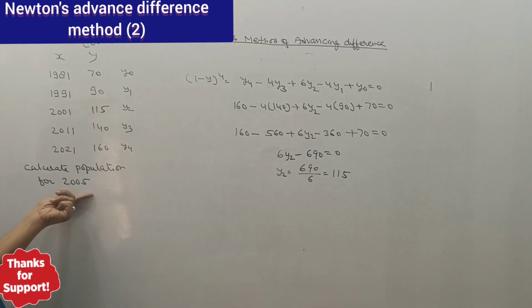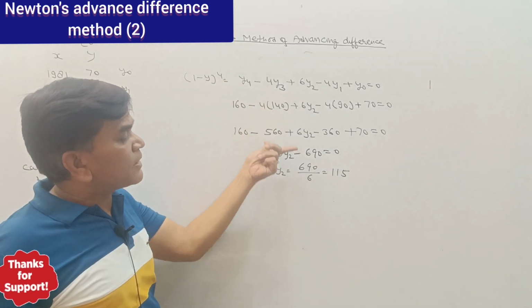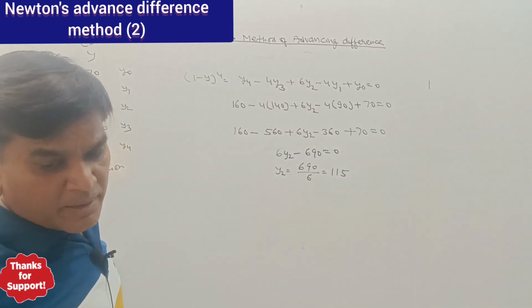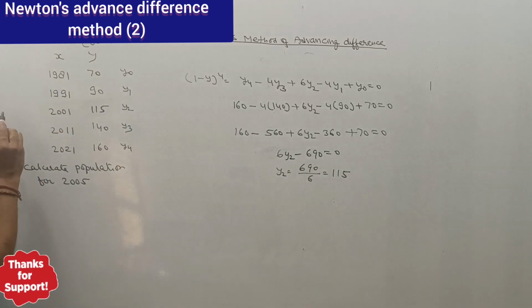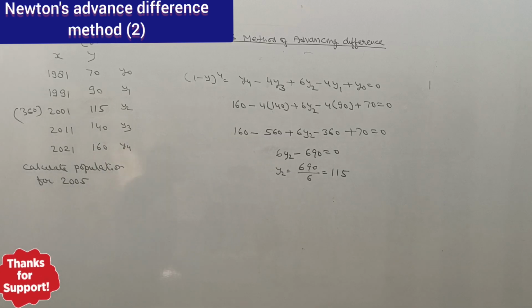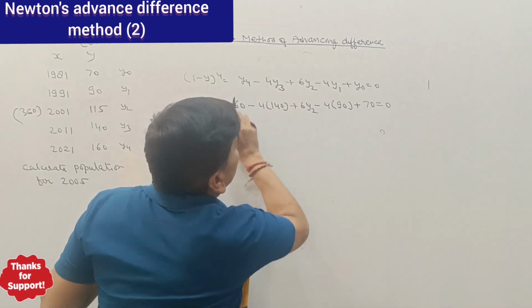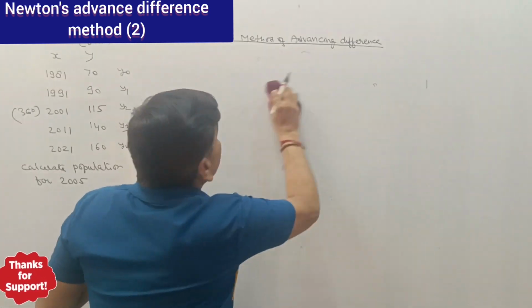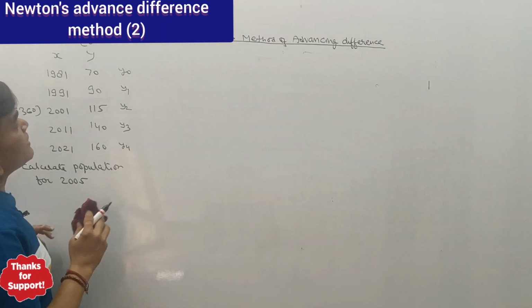Now for 2005, with the binomial expansion method we have corrected the wrong value, because the given 360 was wrong and not suitable for this data. So first we have done the interpolation correction with the binomial expansion method. Now we will check the Newton advancing method.